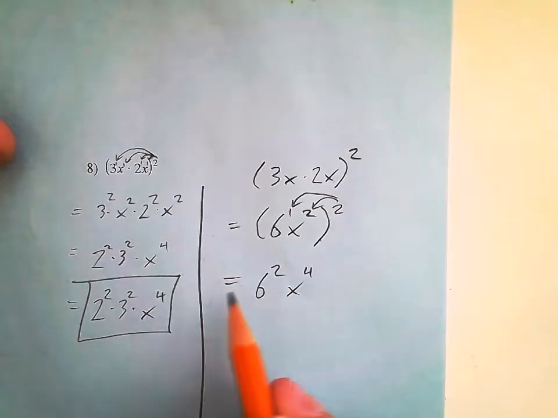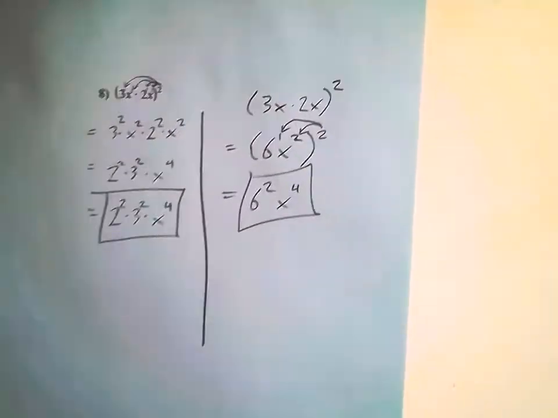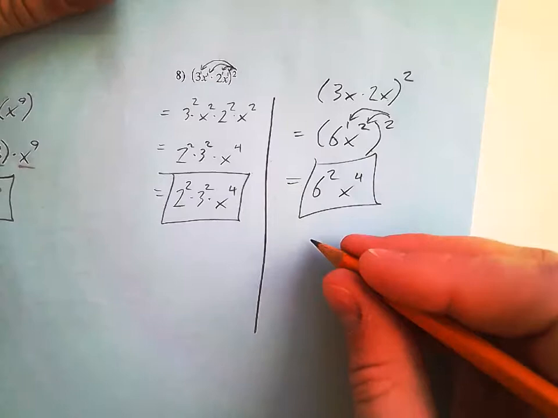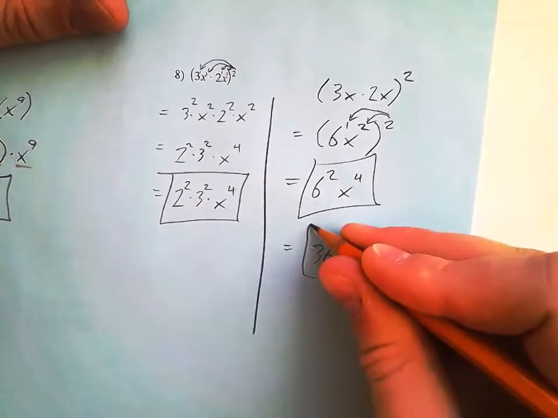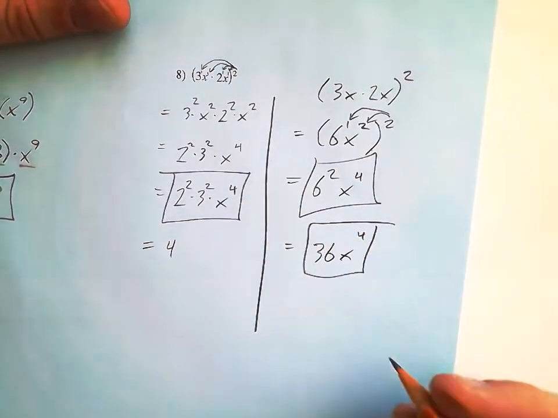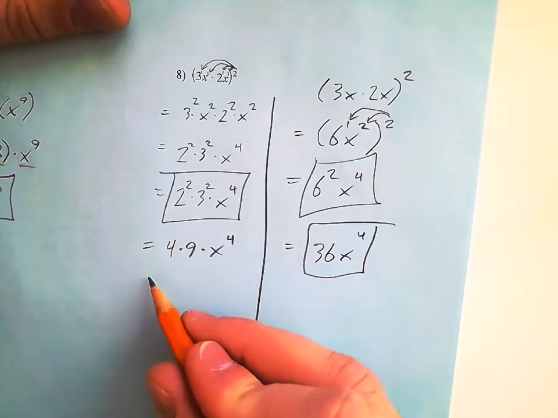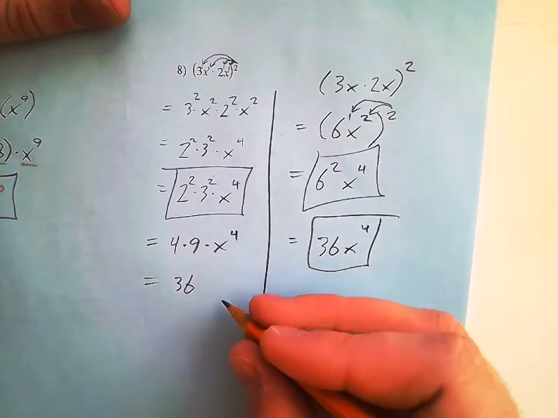And is 6 squared the same as 2 squared times 3 squared? Let's see. 6 squared would be 36. So you could also put 36x to the 4th. And 2 to the 2nd would be 4. 3 squared is 9. And 4 times 9 is 36. So yeah, they are the same.